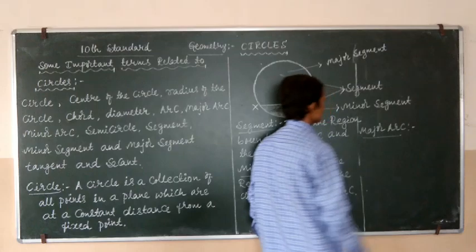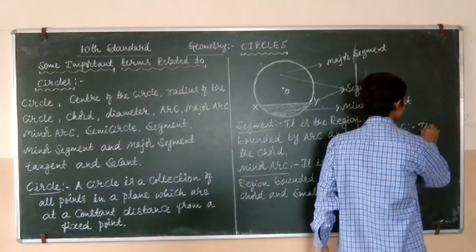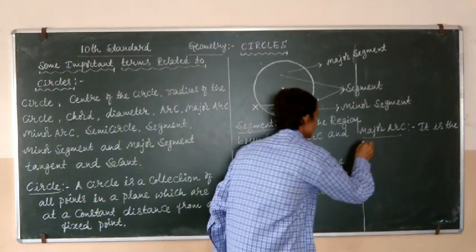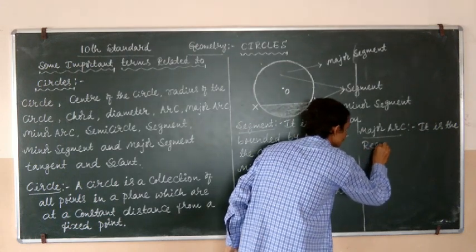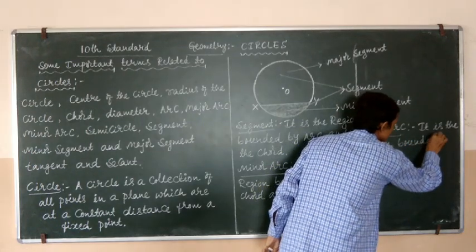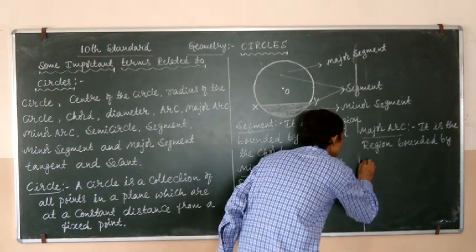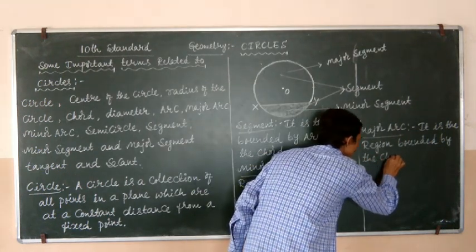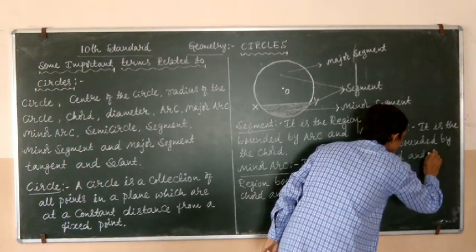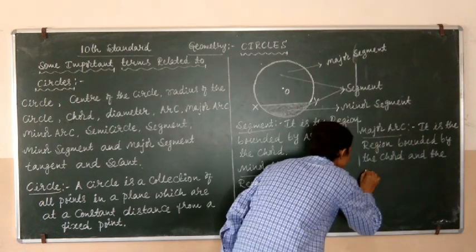Major arc means above region. So it is the region bounded by the chord and the larger arc.